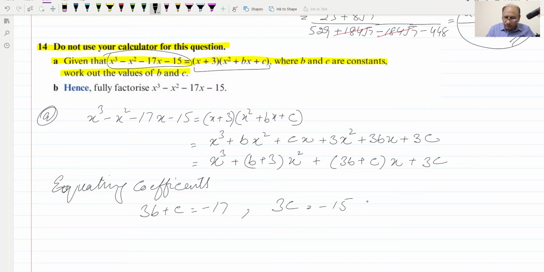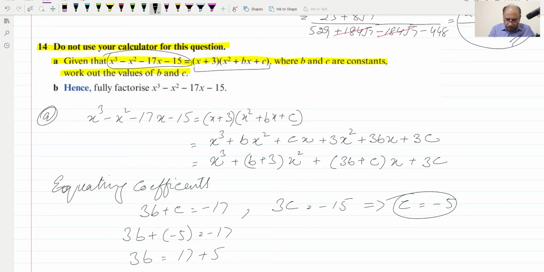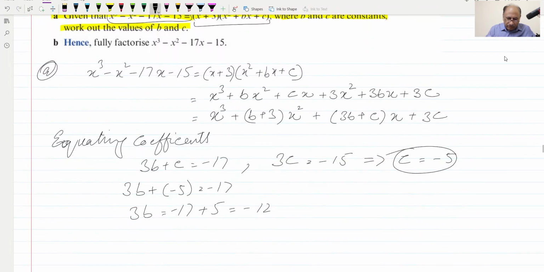So from here we can simplify, this implies c is equal to minus 5, which we can replace in this one, and we will get the b value. So 3b plus c, which is minus 5, will be equal to minus 17, so 3b will be equal to minus 17 plus 5, so it will be minus 12, and this implies b will be equal to minus 4.